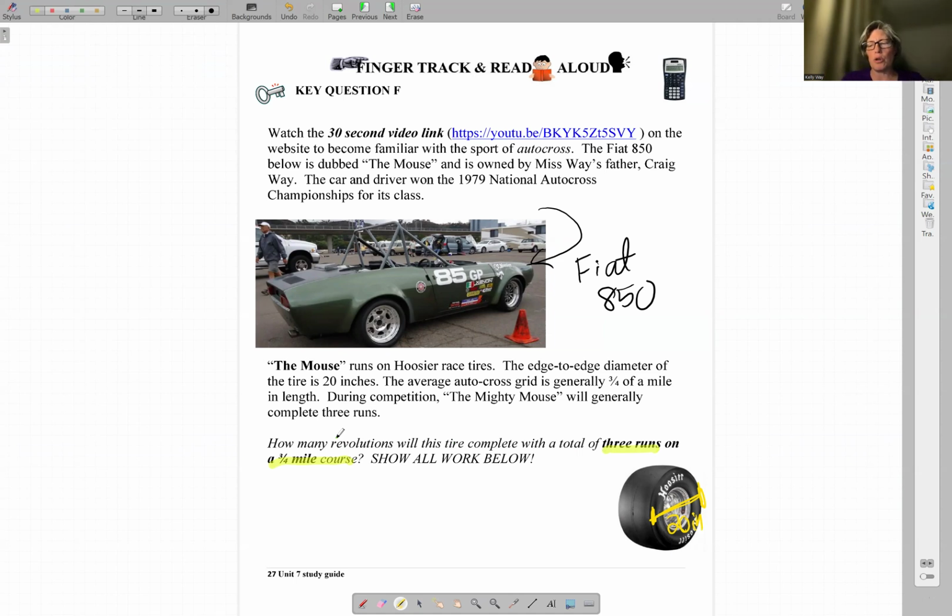We established earlier that one rotation is the length of the circumference of the tire. So your first step is C equals D pi.